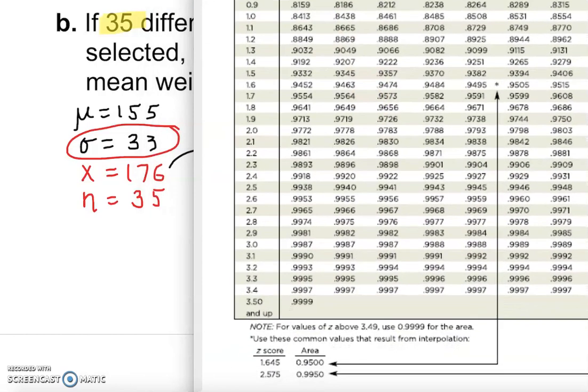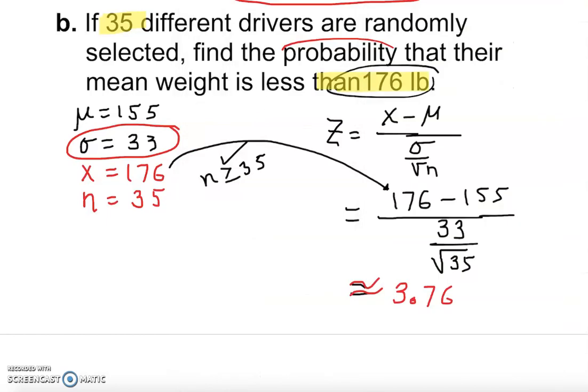Anything 3.50 or above, our answer is right there, 0.9999. So your area or probability is going to be 0.999.